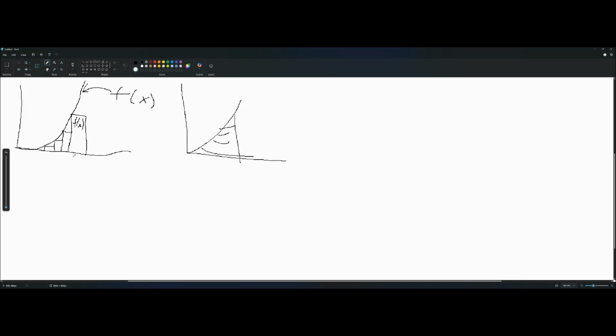So we can call this delta x, okay? This is also a delta x, and this would also be a delta x. This height would also be f of x, if that makes sense. And we go on and on and on with each rectangle, okay?